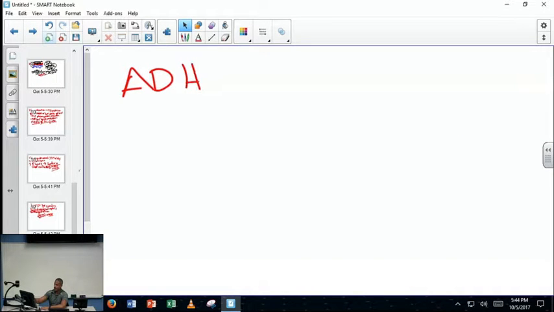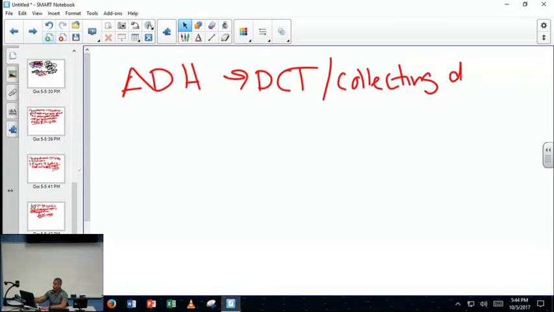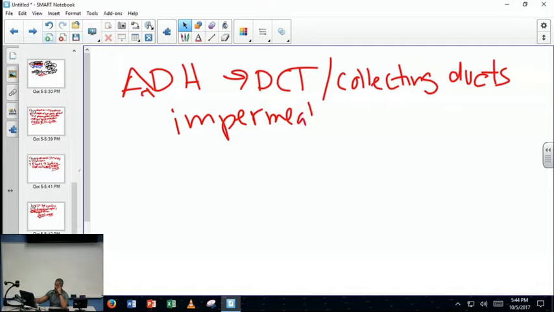ADH works in the DCT and the collecting ducts. It makes them permeable to water. So you have ADH, antidiuretic hormone, you're not going to diurese. So your body's now retaining more fluid.